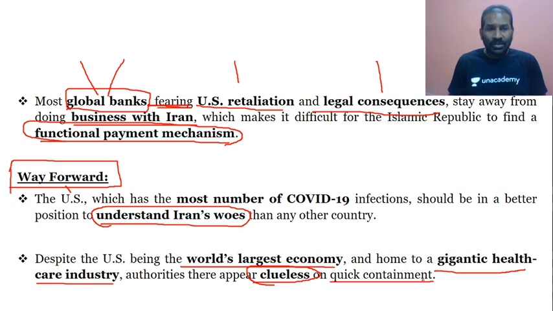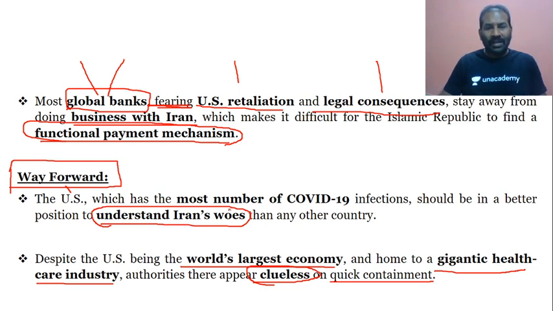So it is only the US which can understand the situation of Iran, wherein the US was the one which imposed sanctions on Iran. So the US has to understand the crisis of Iran, at least under humanitarian conditions. Forget about the way Iran has gone ahead with the nuclear test and all that. That has to be kept aside at this moment.